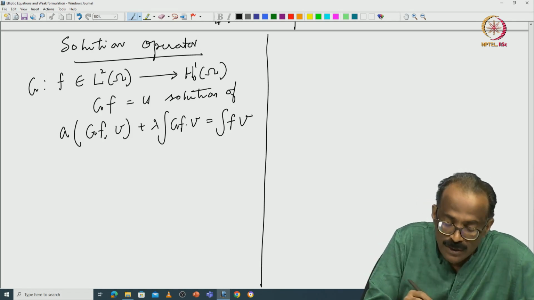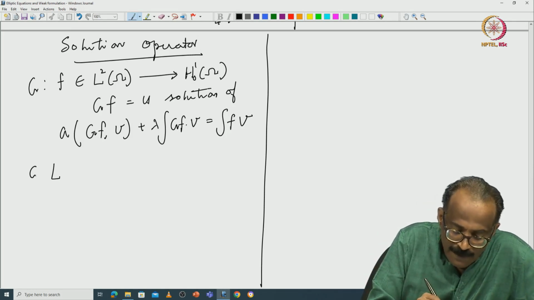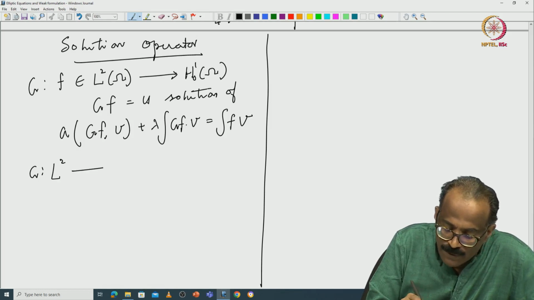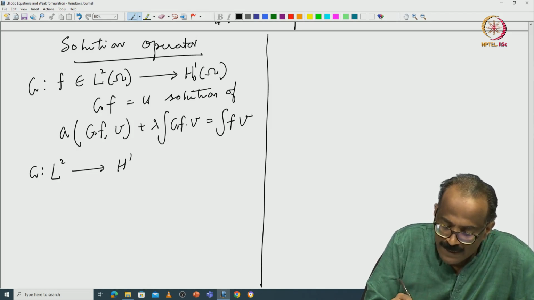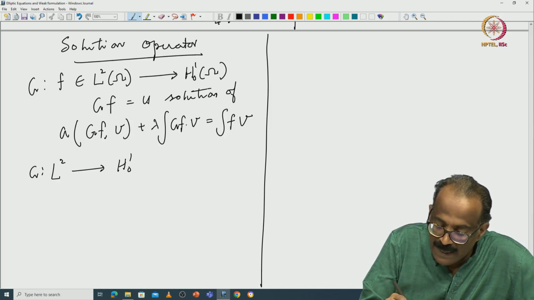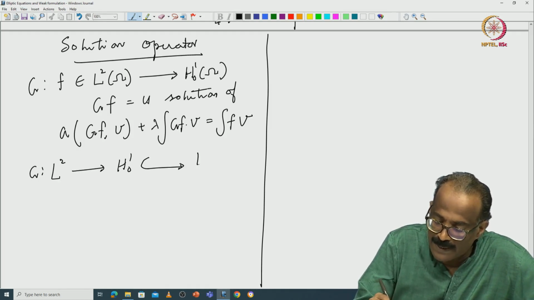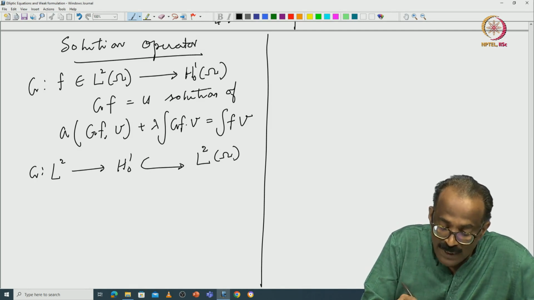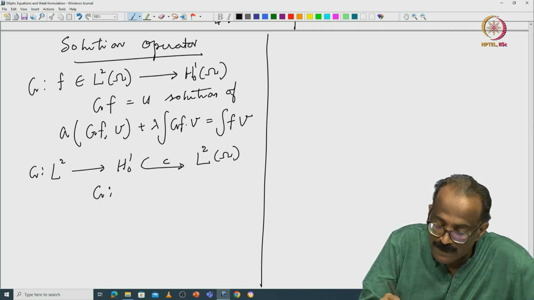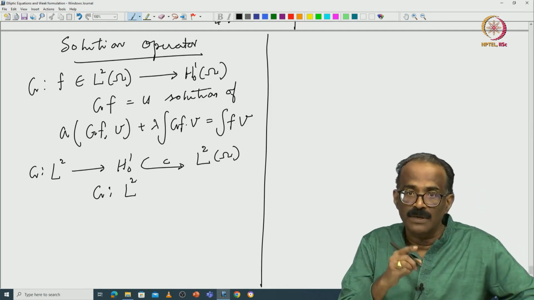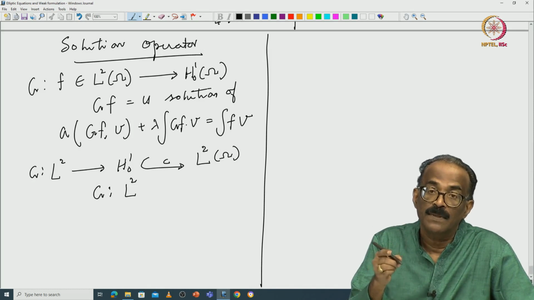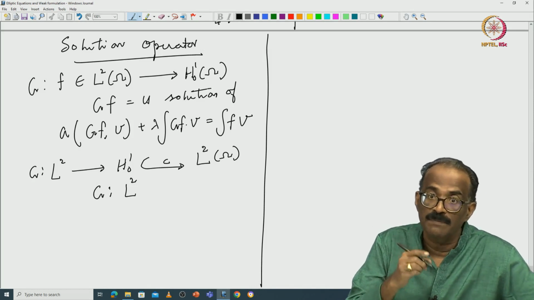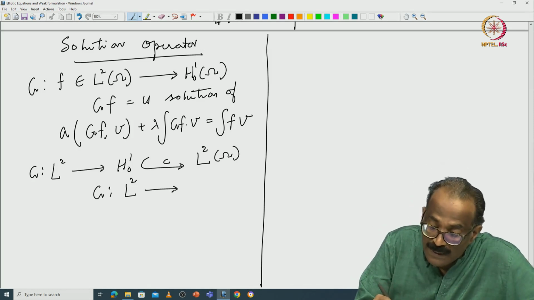Now, you have a mapping G which is from L2 to H1 naught, continuous at this stage, and H1 naught is compactly contained in L2 of omega. So, you can view the solution operator not just from L2 to H1 naught, but as an operator from L2 to L2, in which case it is compact.